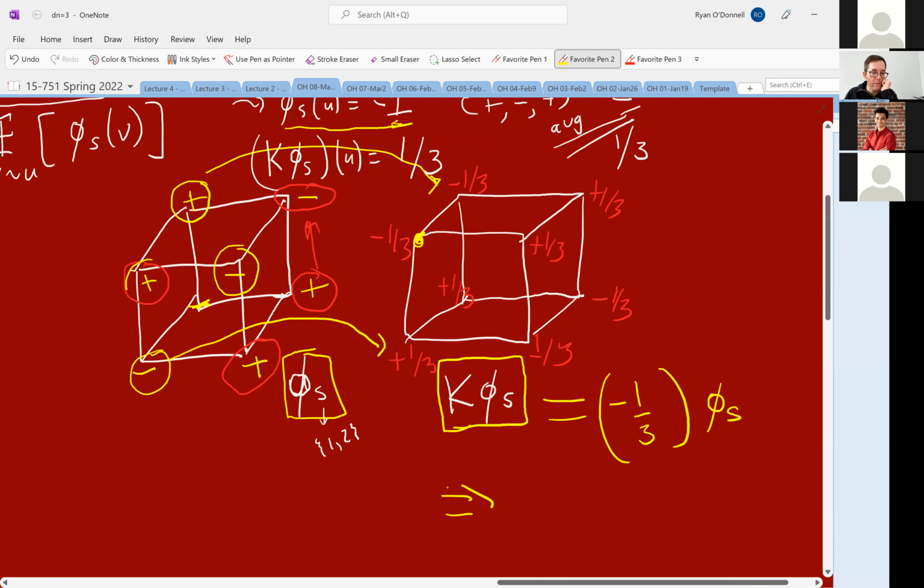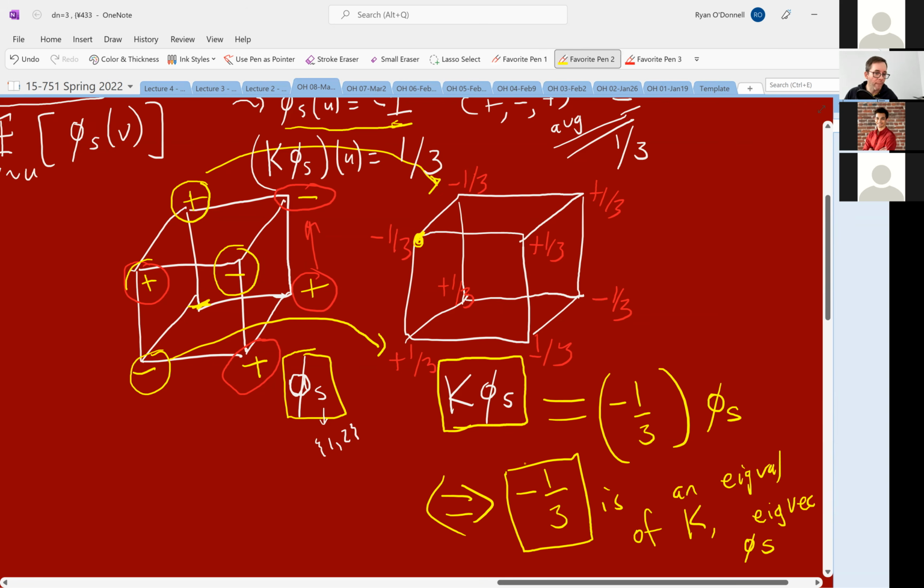And that literally means that negative 1/3 is an eigenvalue of k with eigenfunction, or eigenvector if you will, phi s. Yeah, and it seems like that 1/3 value is related to the size of S. Exactly, indeed, it will be.